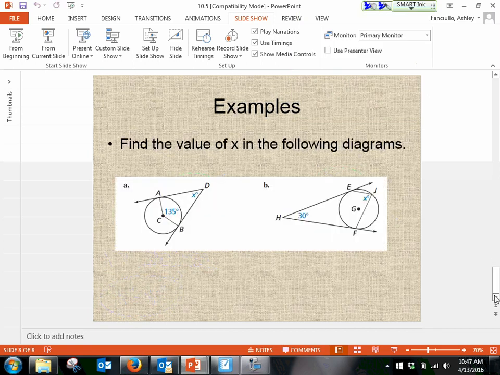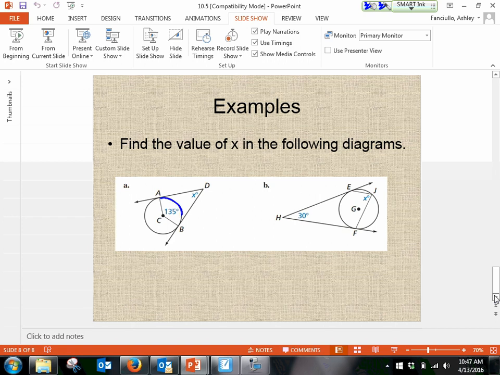All right, so let's look at A together, and then you'll do B on your own. Okay, you have 2 secants, or 2 tangents in A that are intersecting. So if I want to find angle X, I need to understand that this central angle, angle ACB, is 135. Okay, I'm going to use that for one thing, and hopefully you remember that a central angle and its corresponding arc are the same.